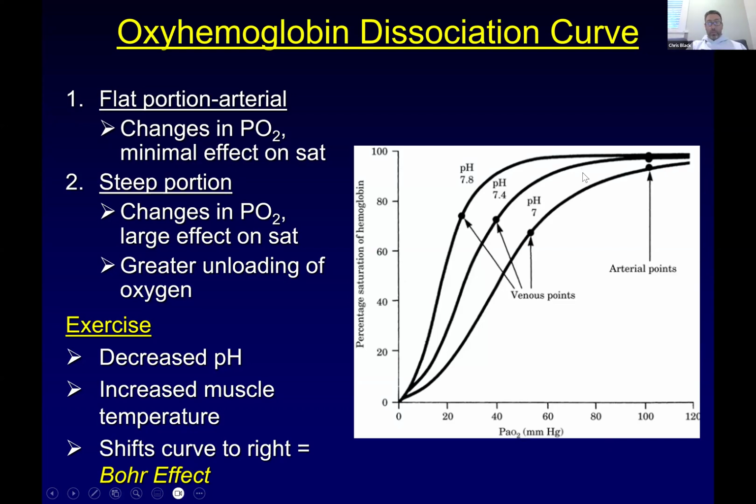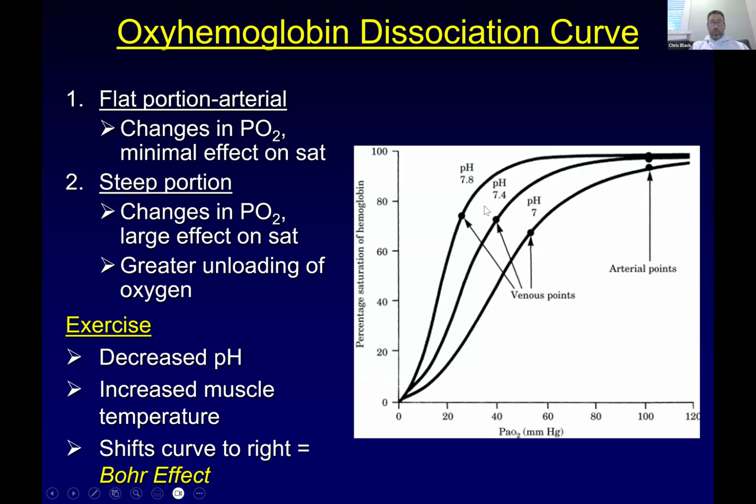And as we begin to work our way backwards, you're going to lose oxygen off of the hemoglobin. In this area where it's very steep, it's going to have some role in our ability as we put ourselves on this side as we get near our tissues.